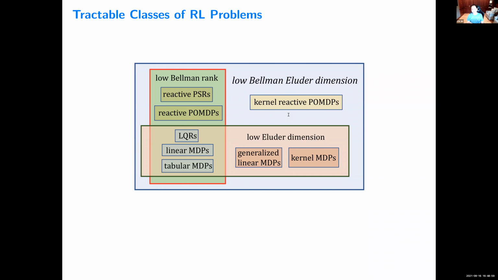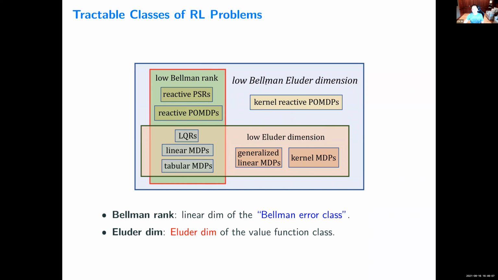What we found is a class of problems with so-called low Bellman-Eluder dimension. We already said it includes the two generic classes we have so far. So what is this low Bellman-Eluder dimension? I will just give a vague, intuitive definition of it for this talk. The Bellman rank was introduced by the MSR group in 2017.